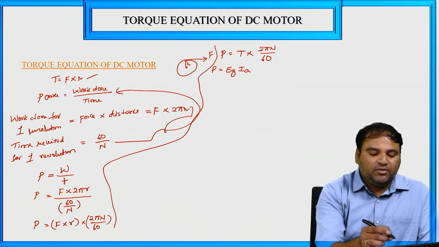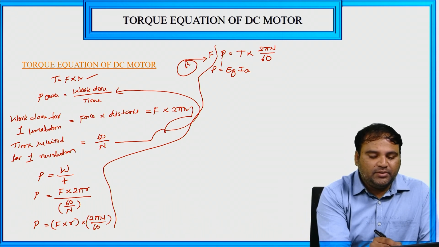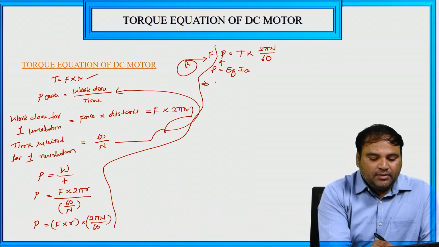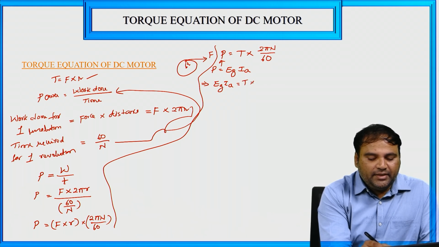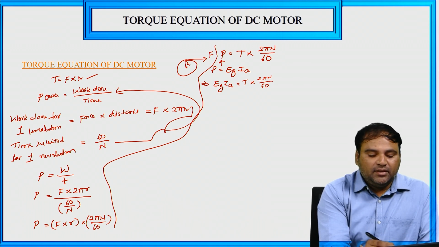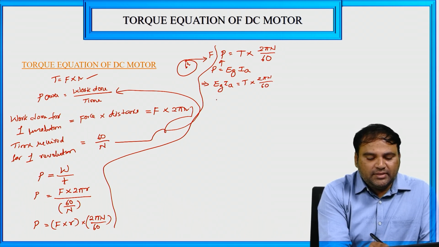Now substitute this P value in this equation. So we get Eg into Ia equal to T into 2 pi n divided by 60. Now Eg, since we already know, is nothing but phi Z n P by 60 A.